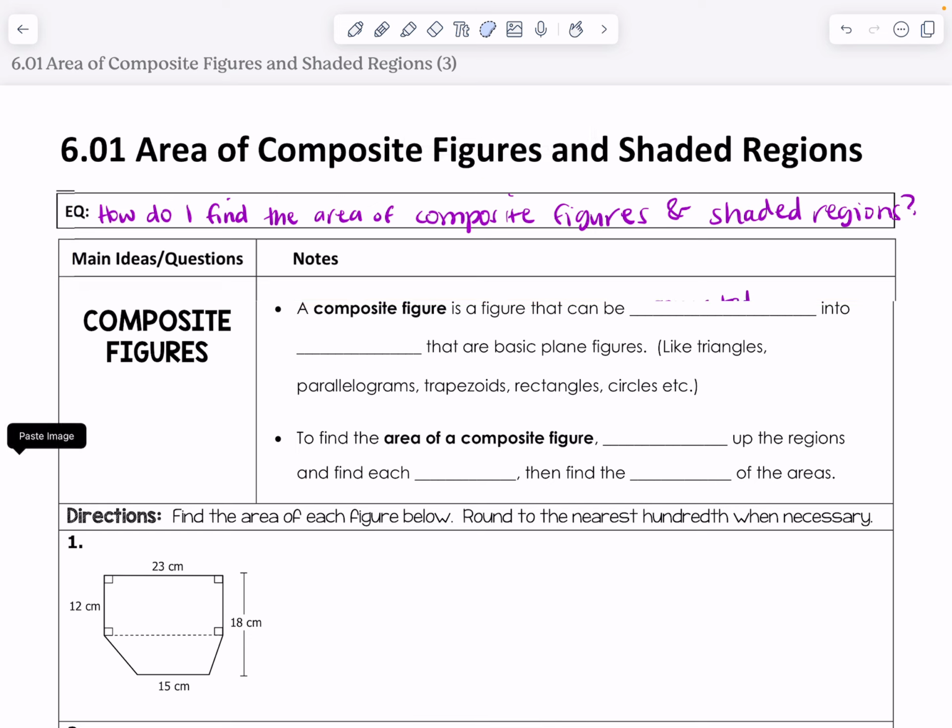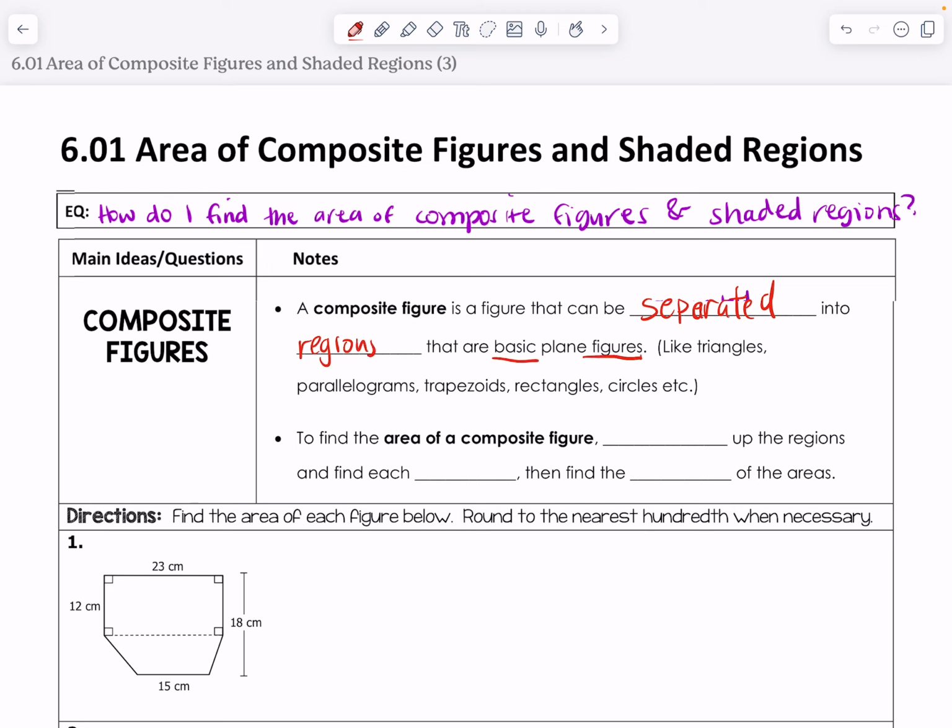We're going to first start off with a definition of composite figures. A composite figure is a figure that can be separated into regions that are basic figures.